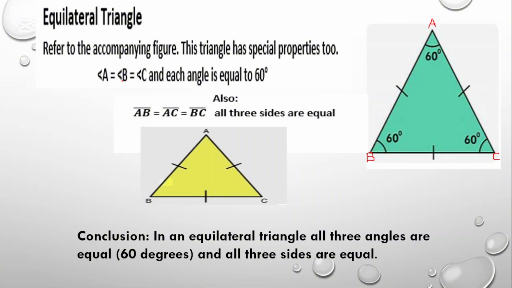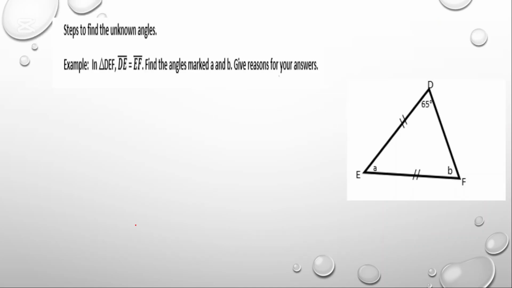Also, AB is equal to AC is equal to BC. All three sides are equal. So, conclusion: in an equilateral triangle, all three angles are equal, 60 degrees, and all three sides are equal.